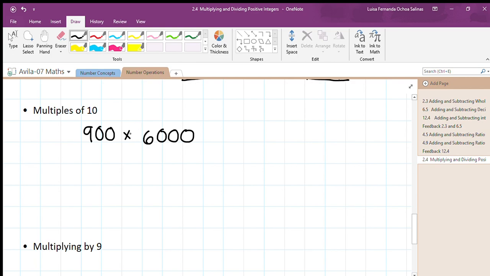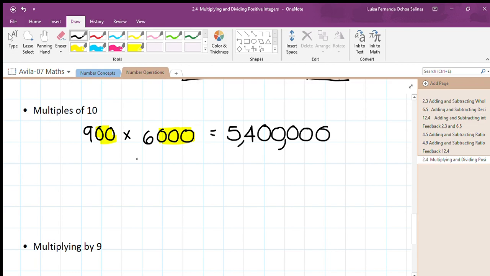But if I recognize that what I'm doing here is basically I can count the zeros that I have involved. So I say, okay, I have here 2 zeros and I have here 3 zeros. So I can say, okay, 9 times 6 is going to be equal to 54. And then I have 5 zeros. 1, 2, 3, 4, 5. Okay, done. That's my answer. So as you can see, I did it very, very quickly.